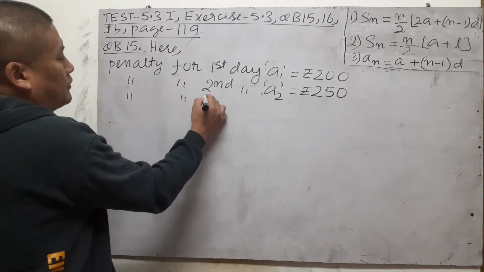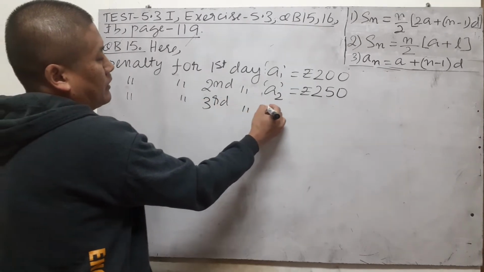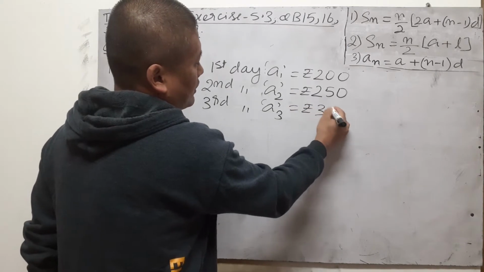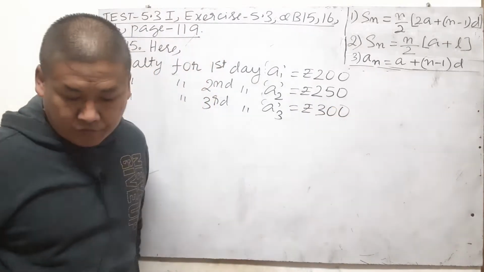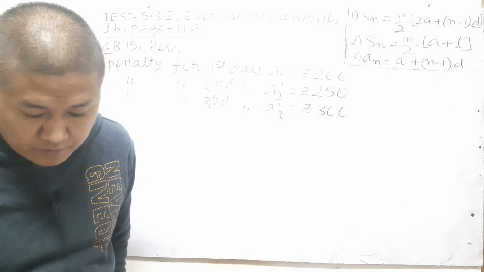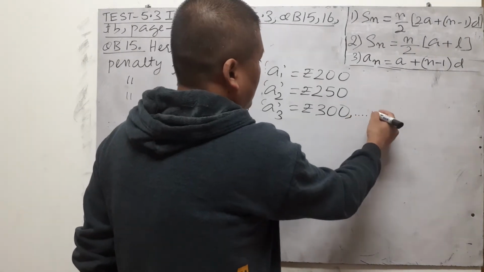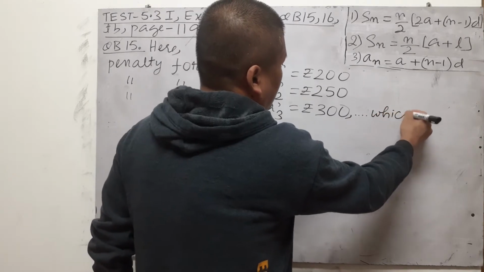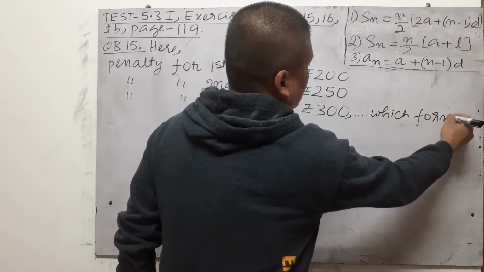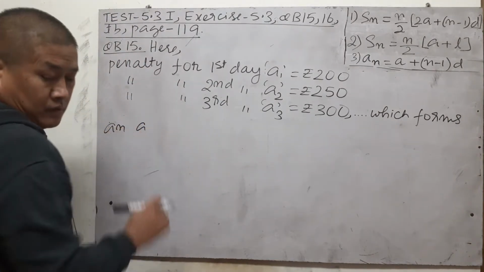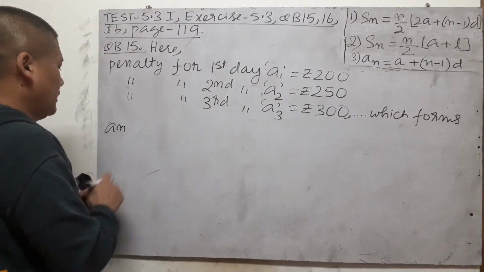Likewise, the penalty for the third day delay, A3, would be rupees 300, and so on. So you can just write here, which clearly forms an AP.